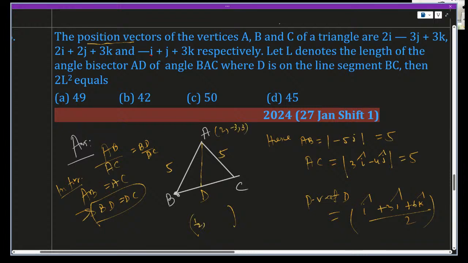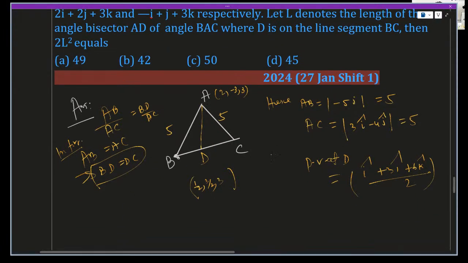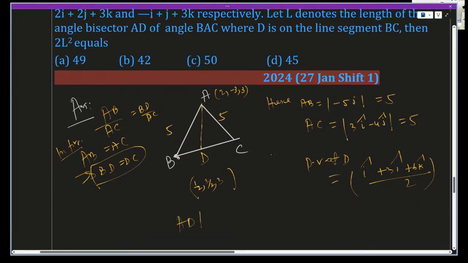For MCQ, you have to move between vector form and scalar form, whatever is required for answering all the questions. So AD distance will be what?